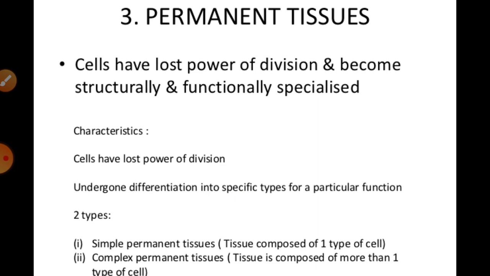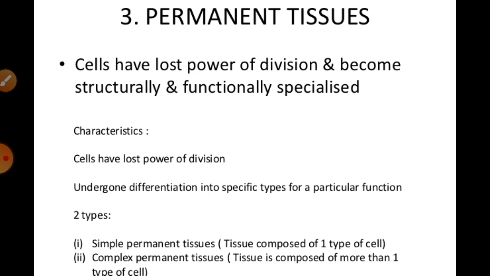the permanent tissues. Those having all cells similar in structure and function, right? They are called the simple tissue or simple permanent tissue. While those having different kinds of structures, made of different kinds of cells, are known as the complex tissue.